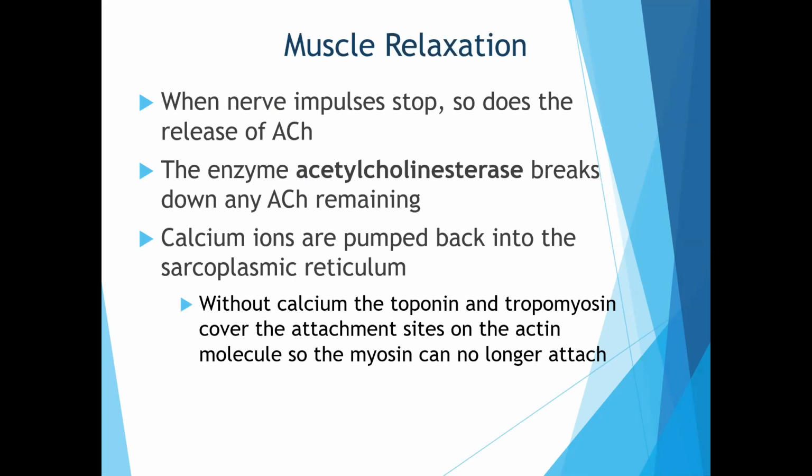The calcium ions are pumped back into the sarcoplasmic reticulum. So once the fiber has no calcium available, then there's no open sites for the myosin to form a cross bridge with. So troponin needs calcium to get out of the way.